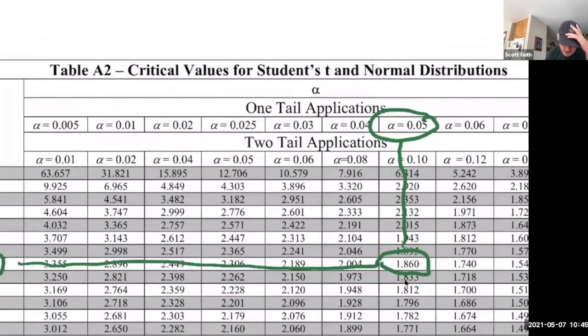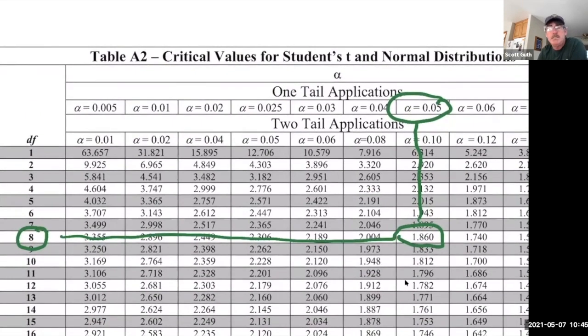Does anybody need any further guidance with this? So 1.860 standard errors will be considered statistically significant on this one. So that's actually pretty easy.